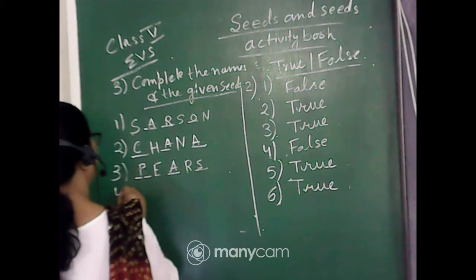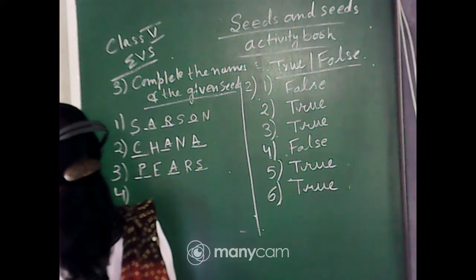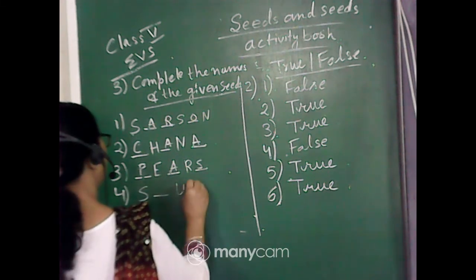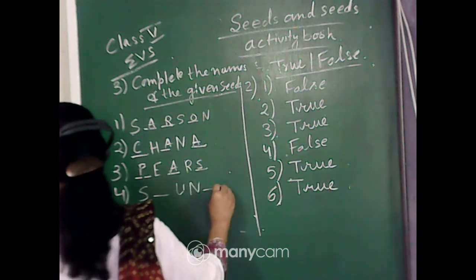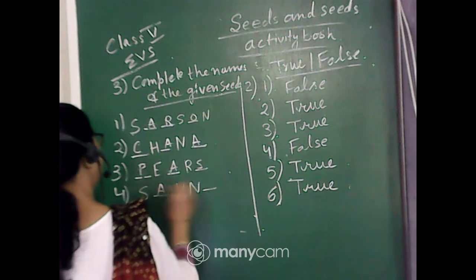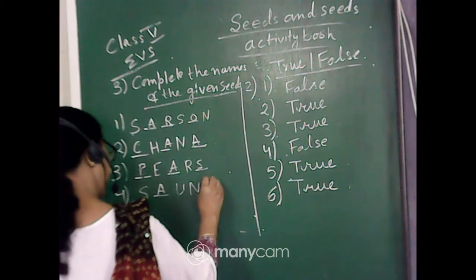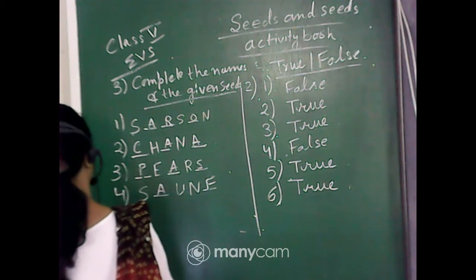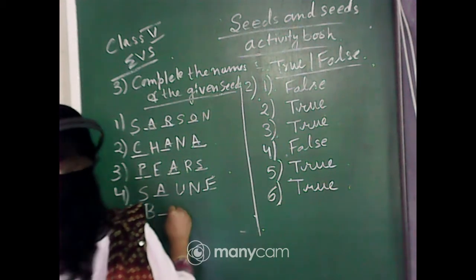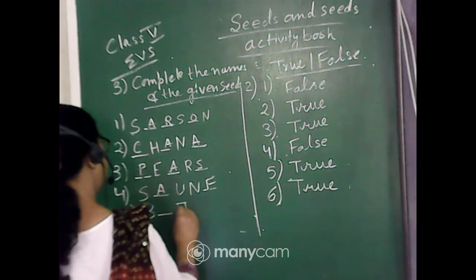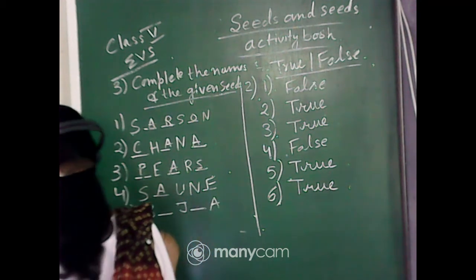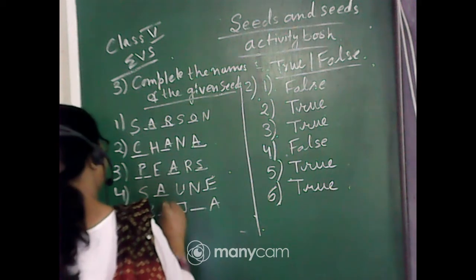Then fourth one is S dash UN dash. So it should be SAUN, then F. Then fifth one is B dash J dash A. It should be bajra, BAJRA.